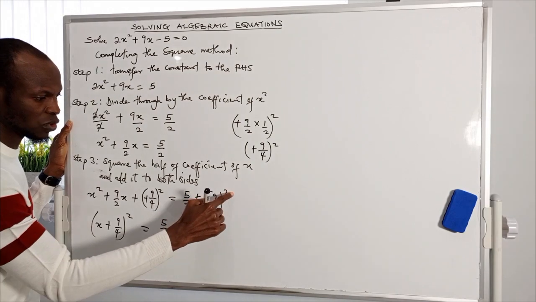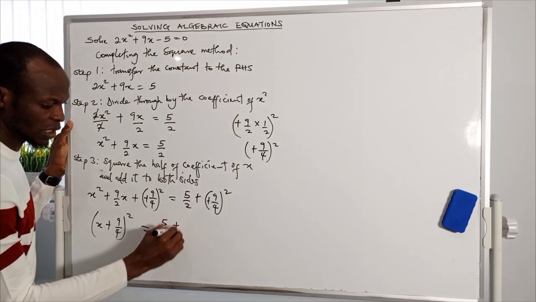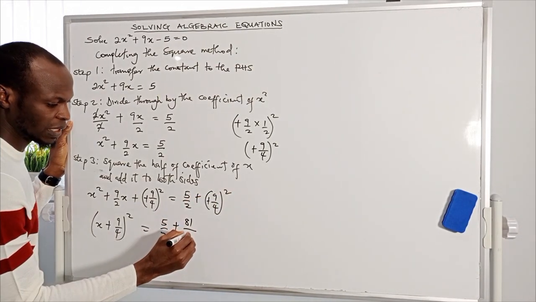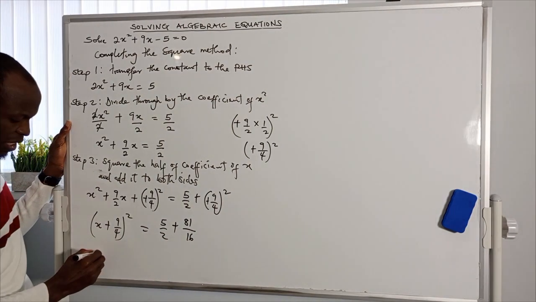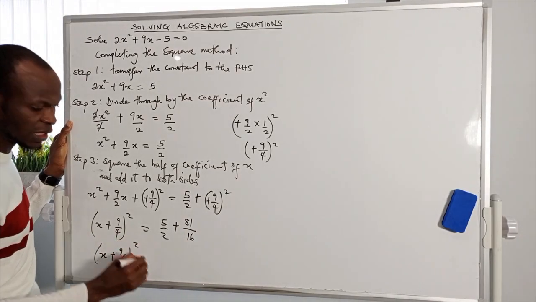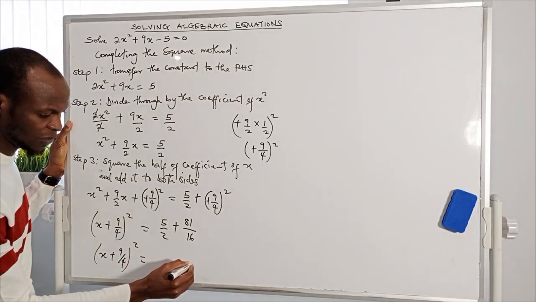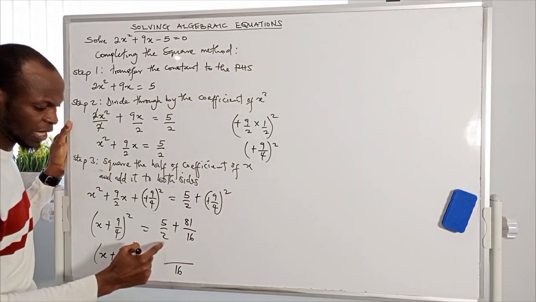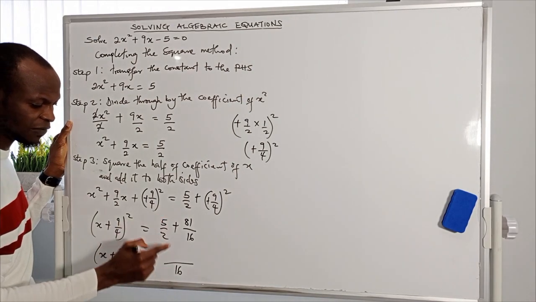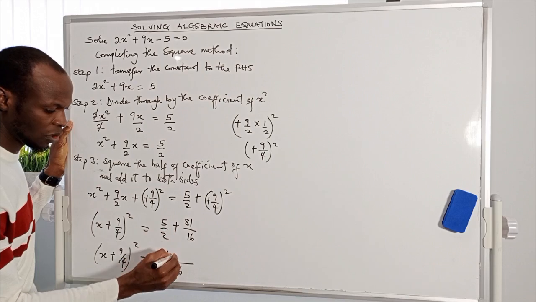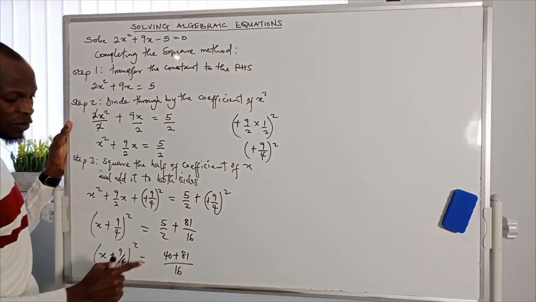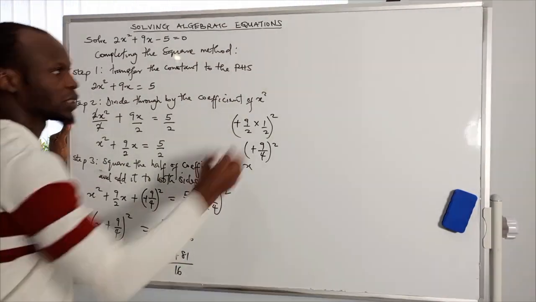Plus squared is plus. Multiply by plus is plus. 9 squared is 81 divided by 4 squared is 16. Okay, so automatically we have x plus 9 over 4 all squared equals, if you find the LCM of this right hand side, our LCM is 16. 2 in 16 is 8. 8 times 5 will give me 40 plus 16, 1 times 81 will give me 81. 40 plus 81 will give me 121.